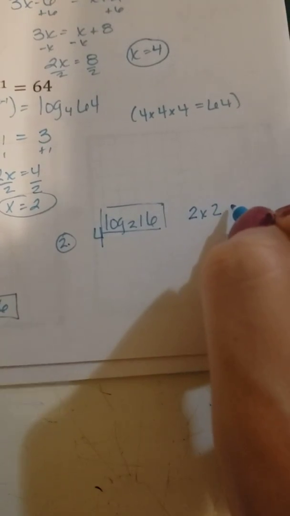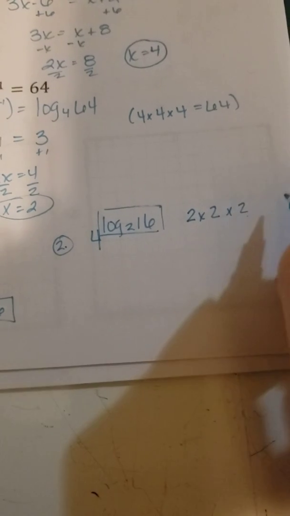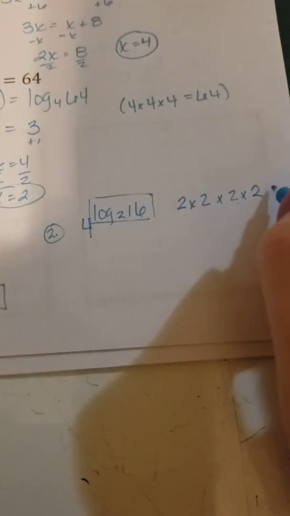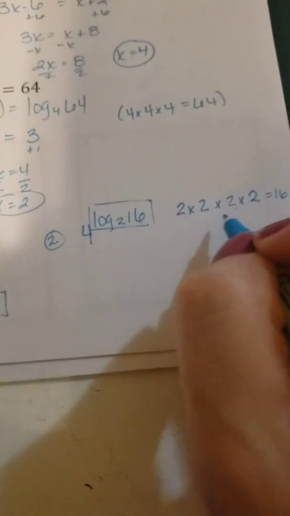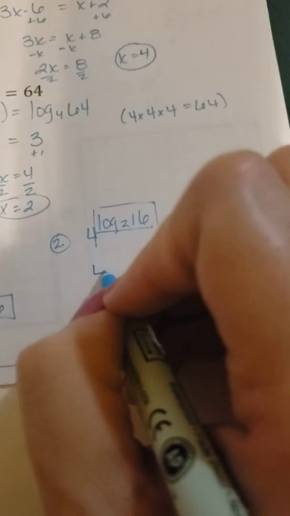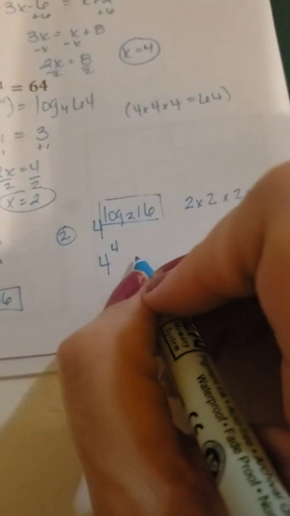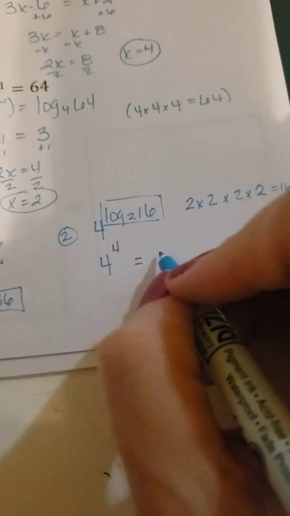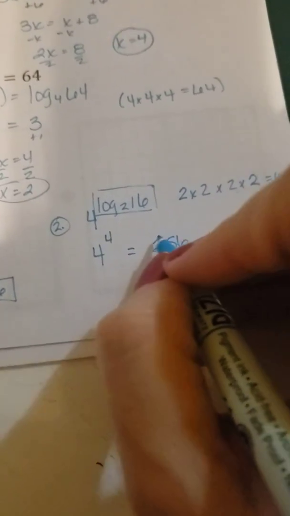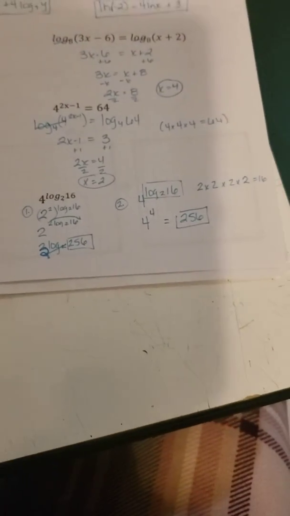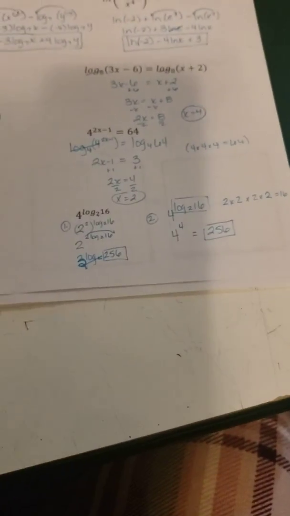Well, 2 times 2 is 4, times another 2 is 8, times another 2 is 16. So log base 2 of 16 is 4. So the other way we could write this is 4 to the 4th power. And if we put that in our calculator, we get 256. So either method will take you to the same answer.